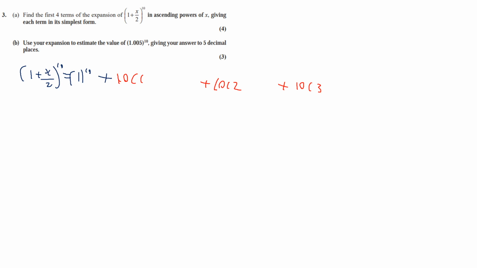Excellent. So then from here, we just complete the expansion. That'll be 1 to the 8 x over 2 to the 2. And then this will be 1 to the 7 x over 2 to the 3. Okay?